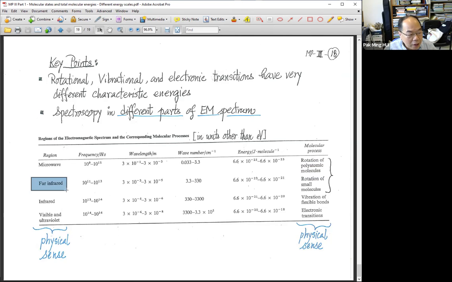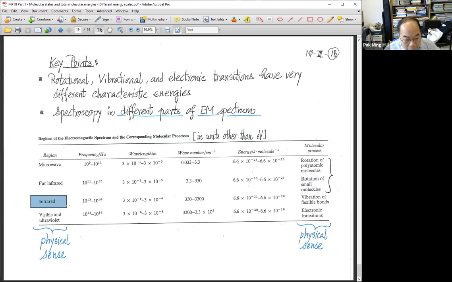Going up in frequency, we have far infrared, then terahertz to 10 to the 13 hertz. This is the wave number. And it is related to rotational motion of smaller molecules, because the moment of inertia is smaller, so this energy scale is slightly higher.